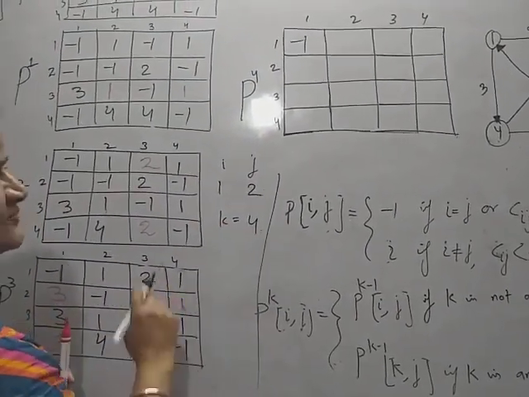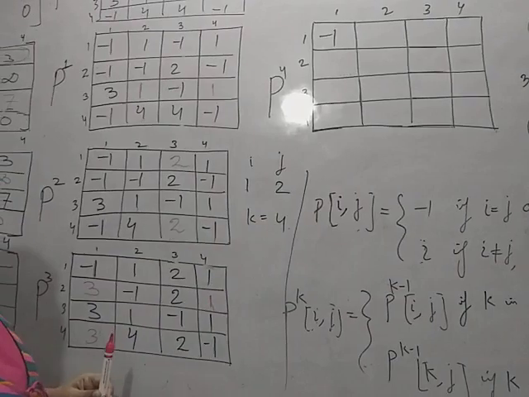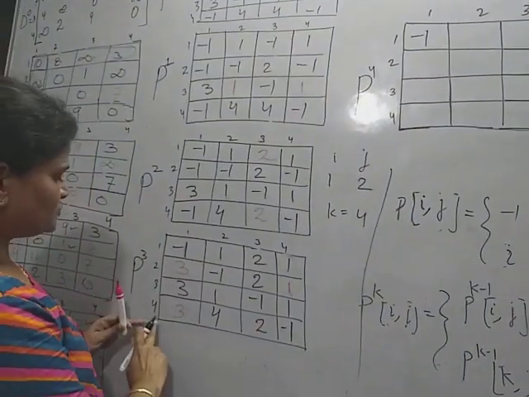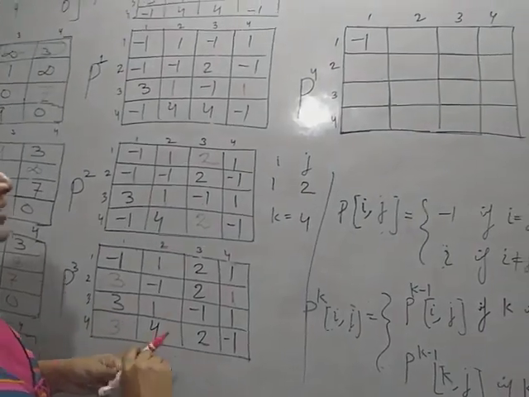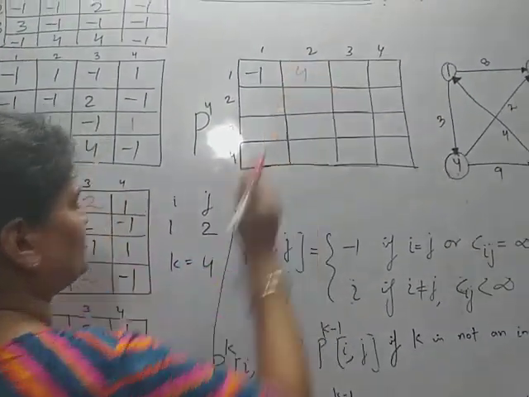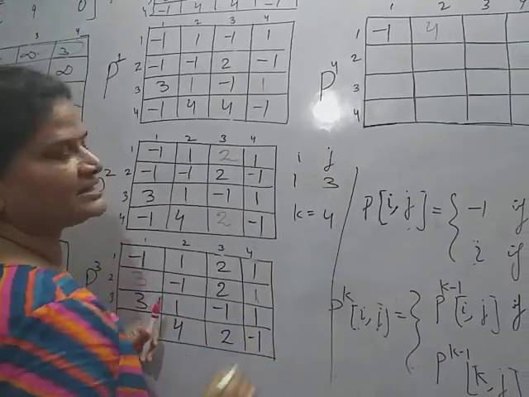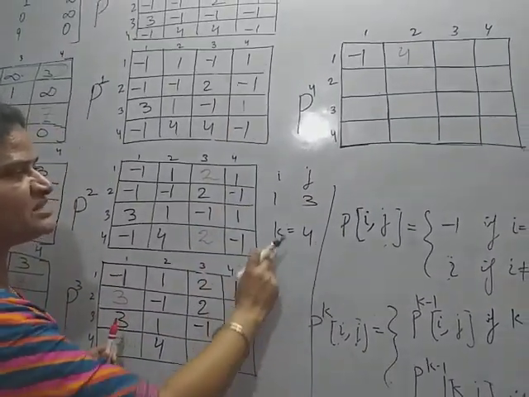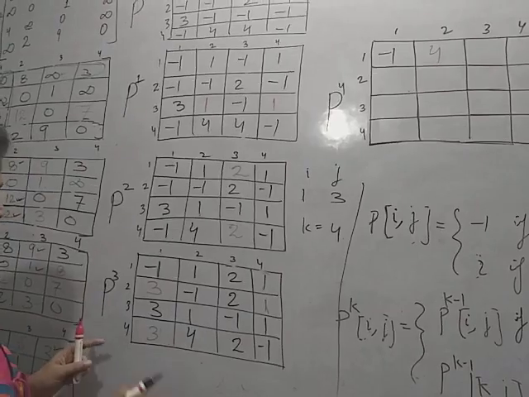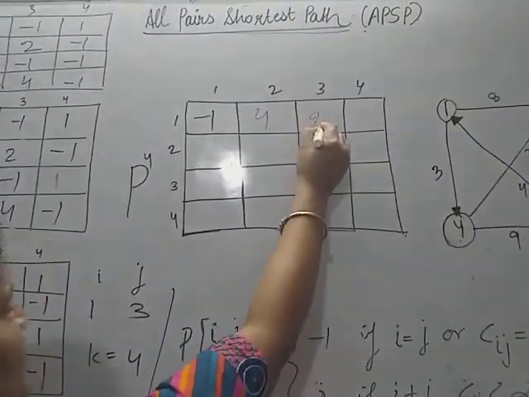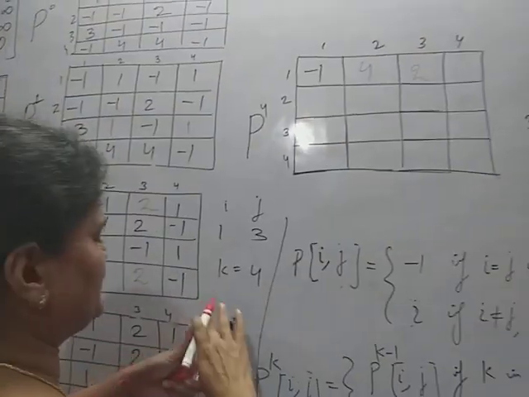So 1, 2 is filled by what? 4, 2. 1, 2 will be filled by 4, 2 from the previous entry. So 4, 2 is what? 4. So 4, 2 is 4. Now the next entry is also changed. So here j is 3. Now 1, 3 entry will be changed with 4, 3. So 4, 3 is 2. So here 2.